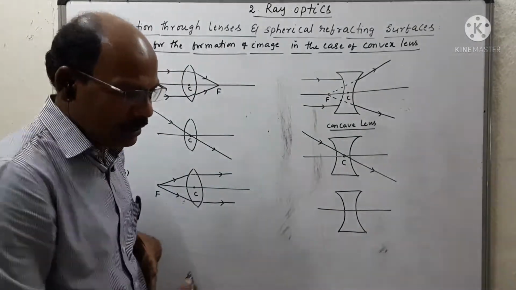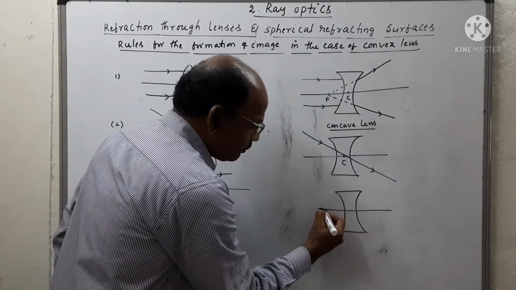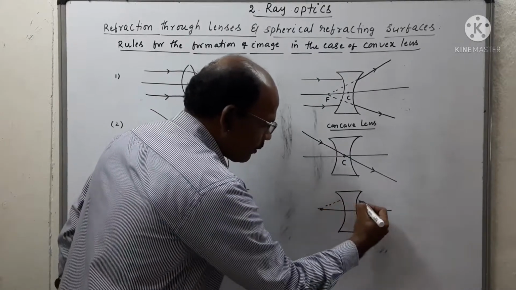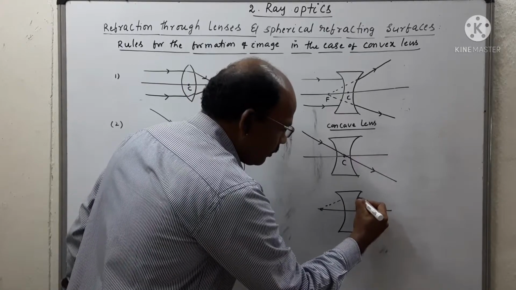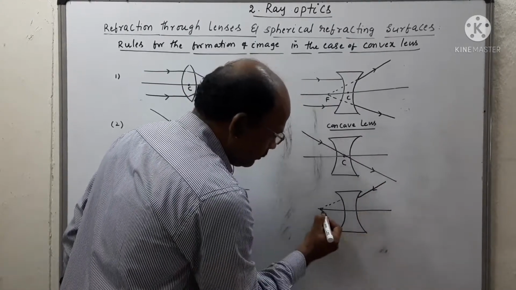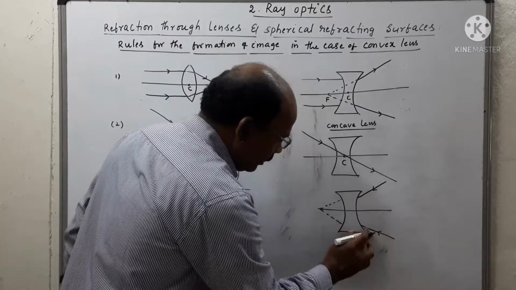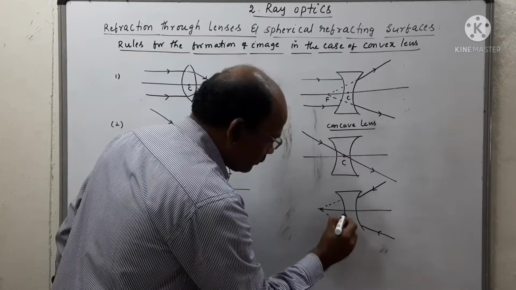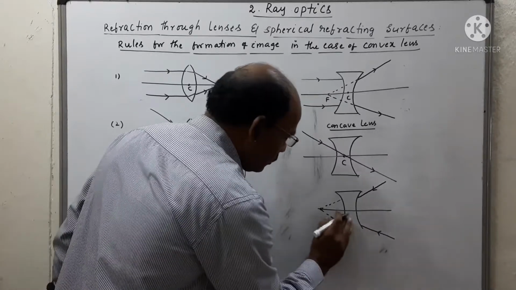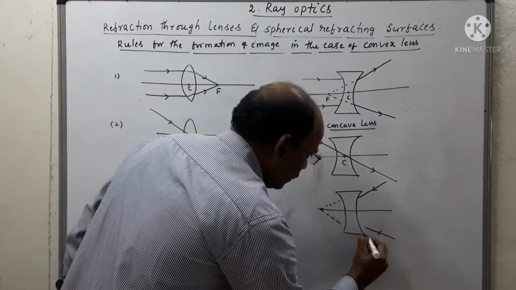Then we are observing the rays coming from the focus. So we can write here, this is the incident light.